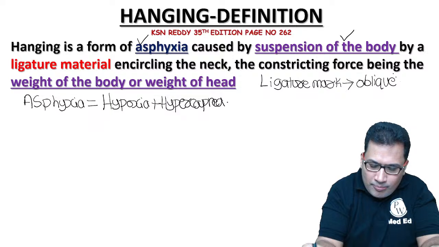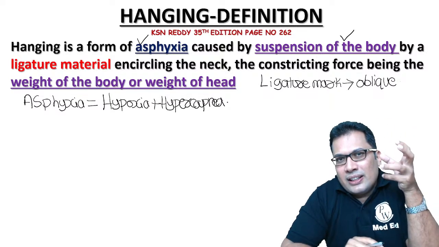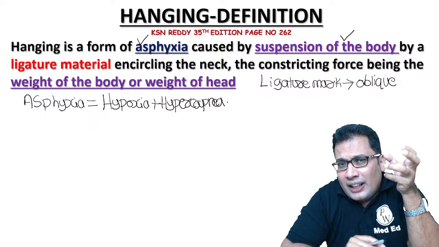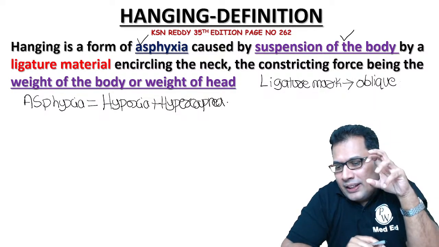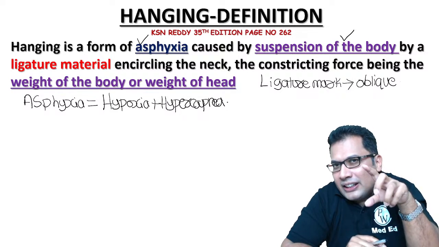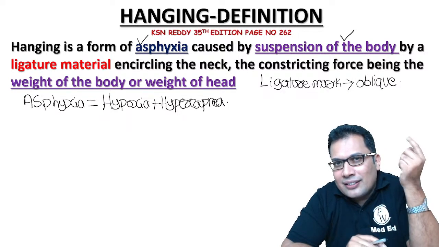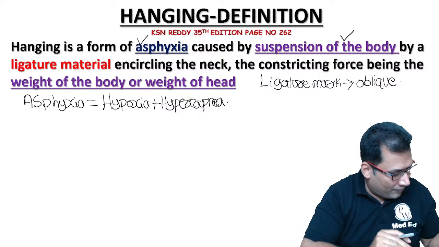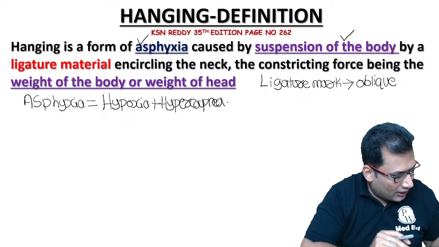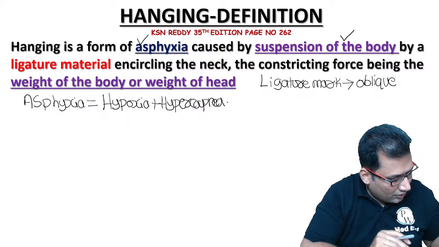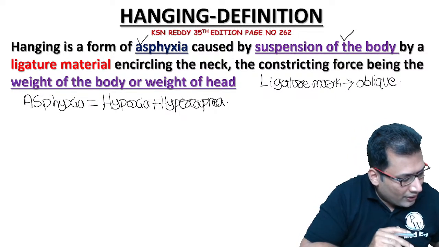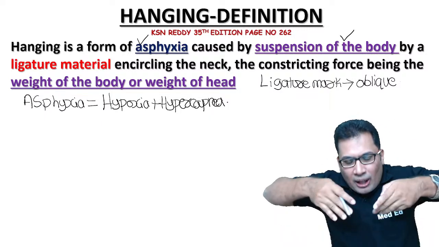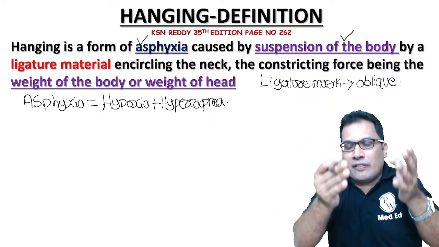Can anyone answer what is the direction of the ligature mark in ligature strangulation? Let's make it interactive, guys. What is the appearance of the ligature mark in ligature strangulation? I said oblique in hanging. Oblique ligature mark is seen in case of hanging.